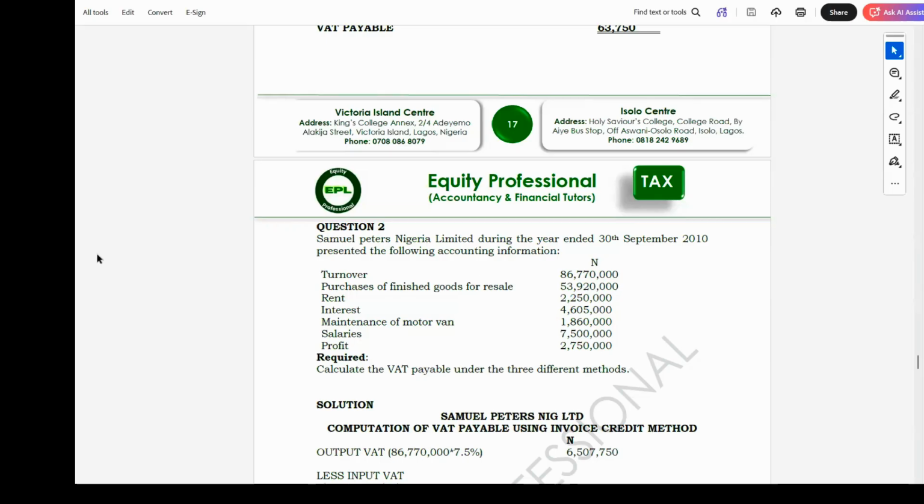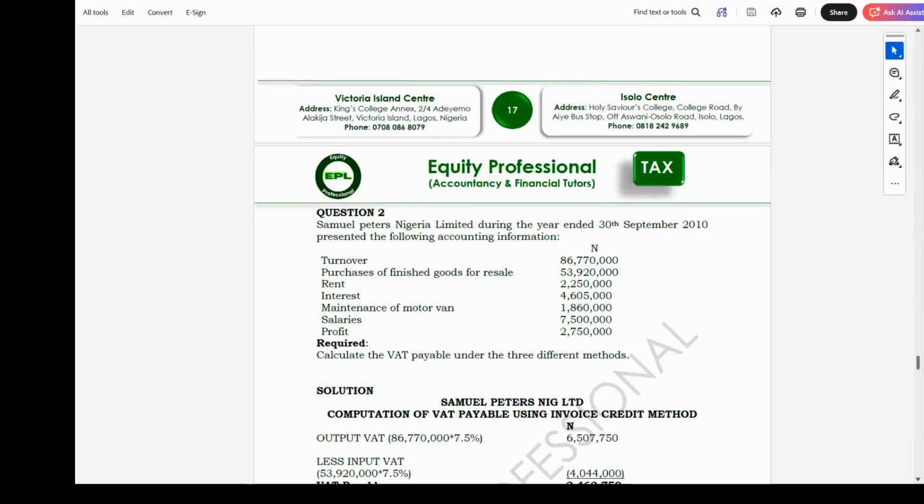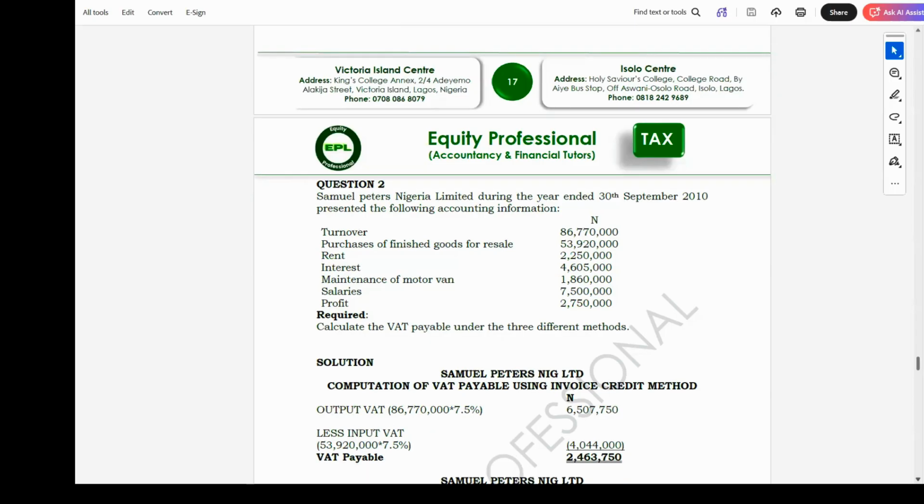We have the turnover, the purchases of finished goods for resale, rent, interest, maintenance of motor van, salaries, and profits. Then required: calculate the VAT payable under the three different methods. I'm going to analyze that here. So how do we calculate the VAT payable under the three different methods? We have the name of the taxpayer, Samuel Peter Nigeria Limited.